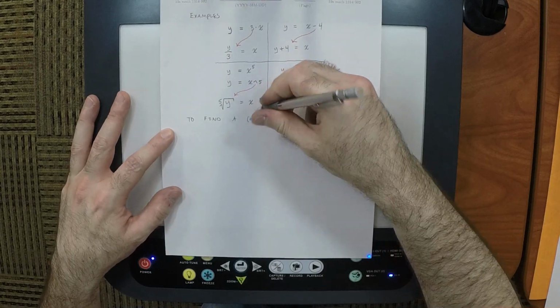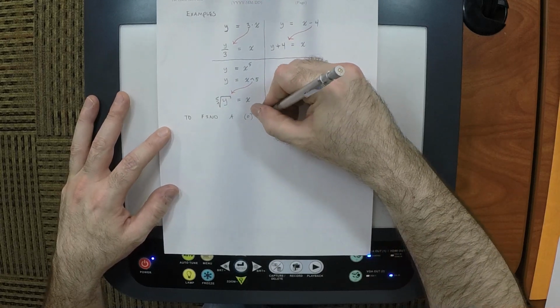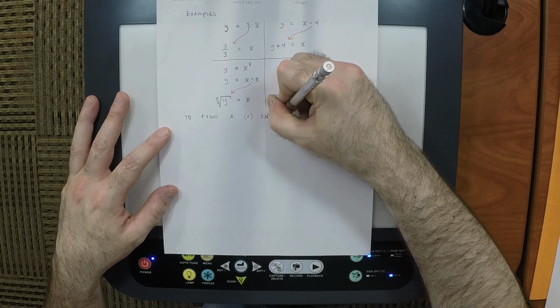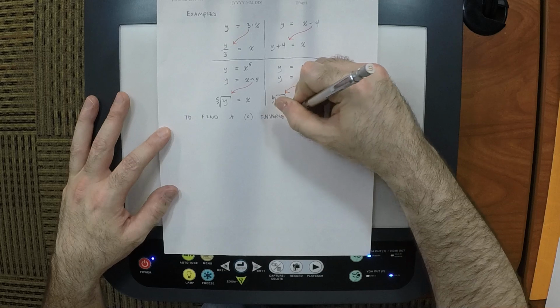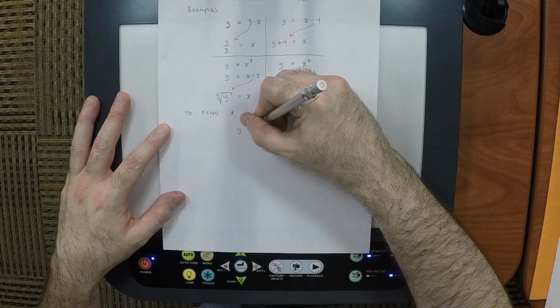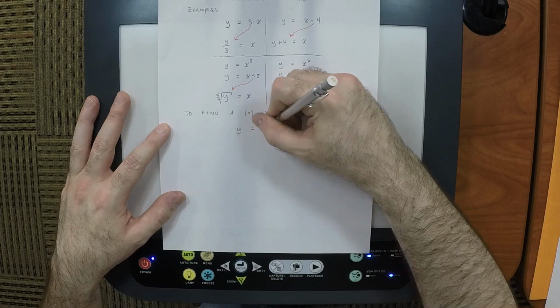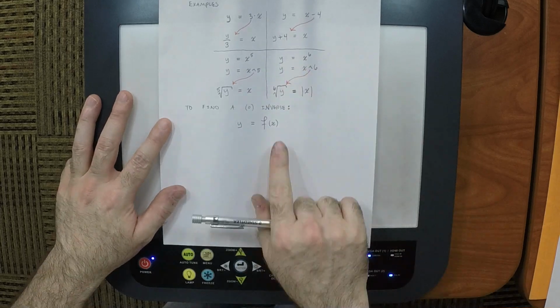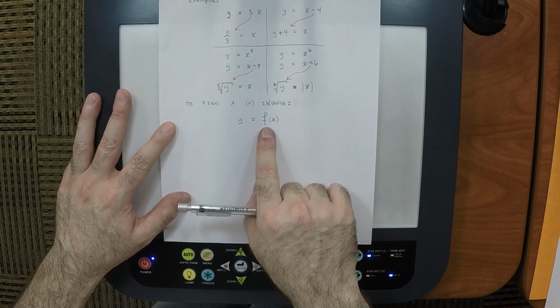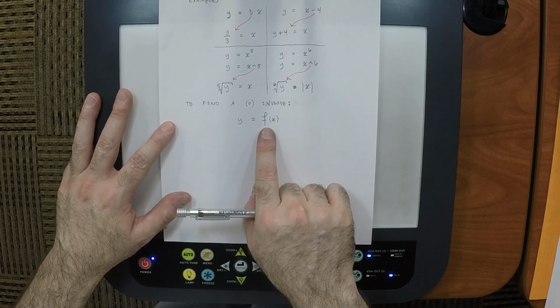So in order to find a composition inverse, in the end, the process looks like this: you say, well, we've got some function, f, like that, and then we want to solve for x.